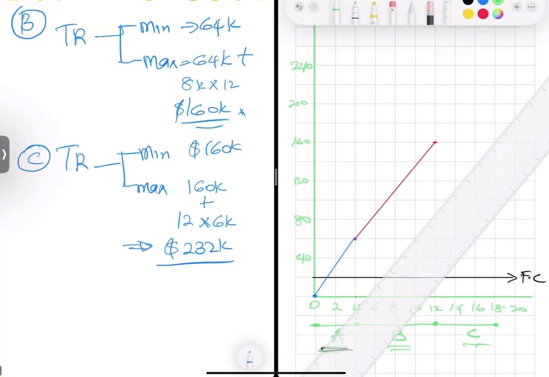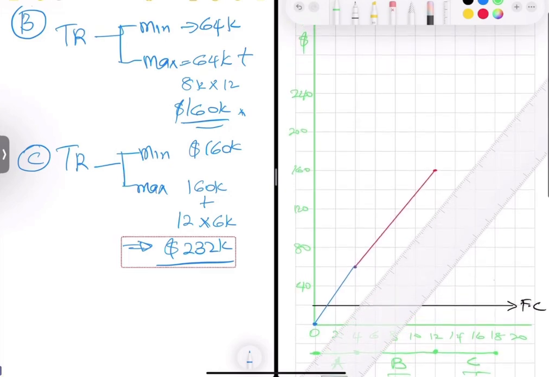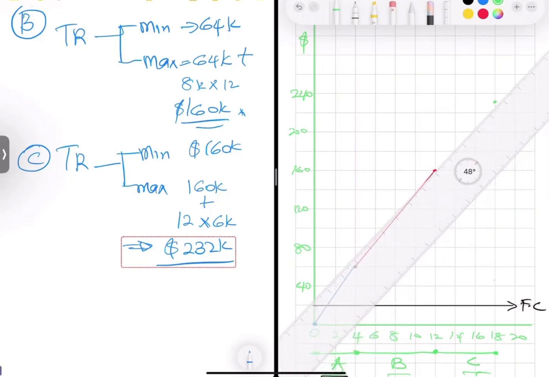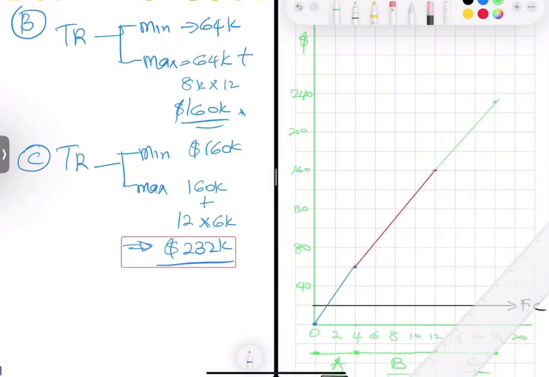However, 232. So if this is 220 at 18, this is 230 somewhere. So we need to join that. And that's our total revenue line.